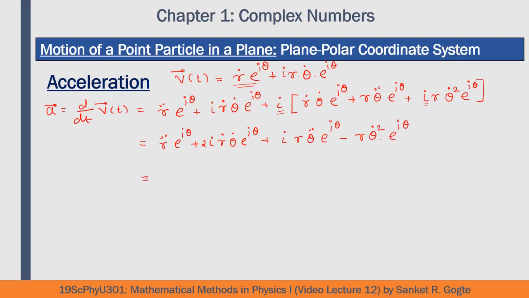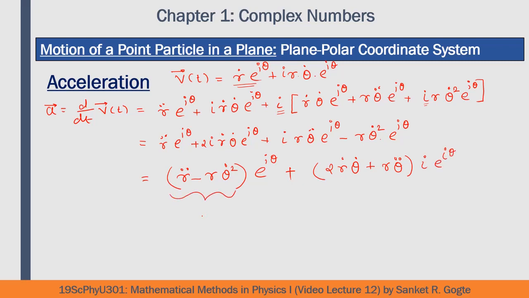Let's now collect the radial and tangential components. Radial component is r double dot minus r theta dot square, and since it is multiplied by e to the power i theta, it is the radial component, plus tangential component is 2 r dot theta dot plus r theta double dot, multiplied by i e to the power i theta.